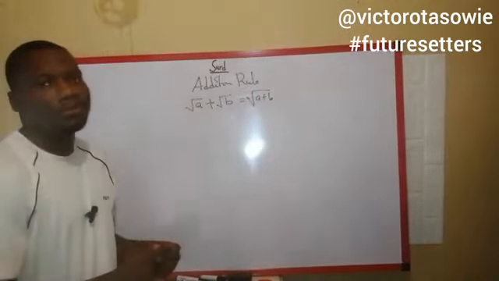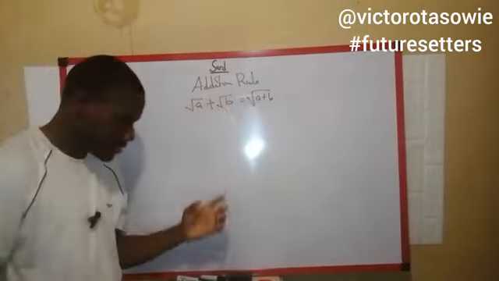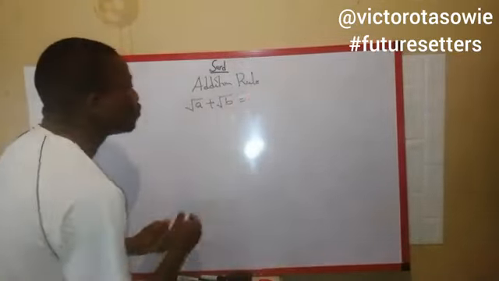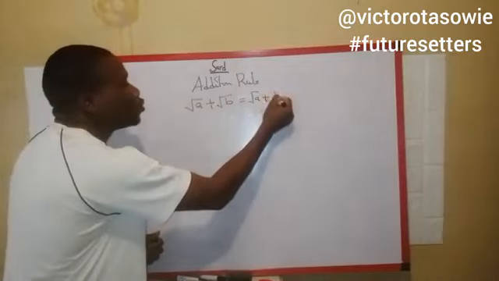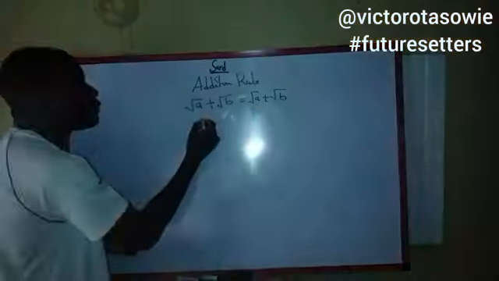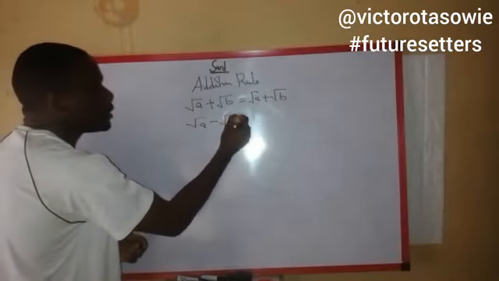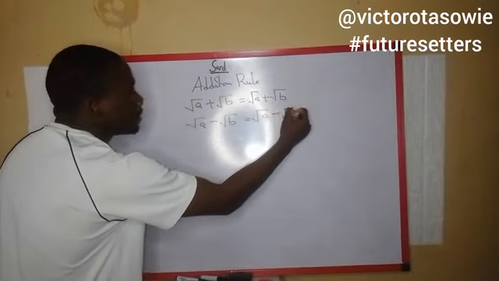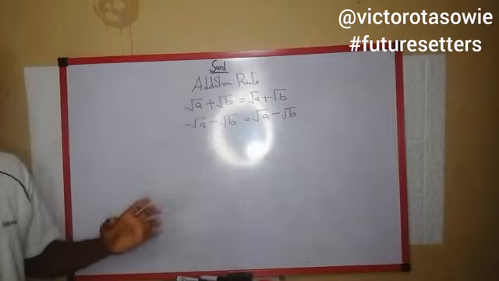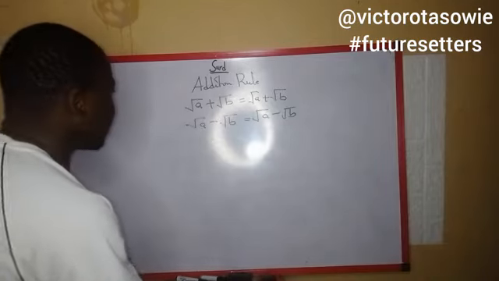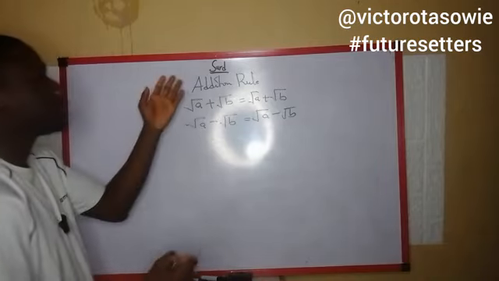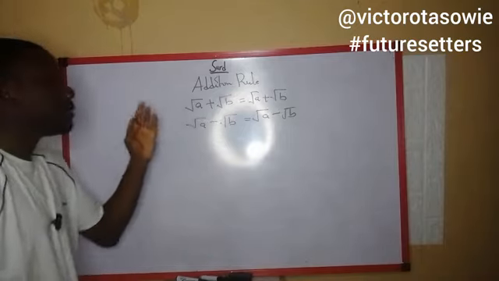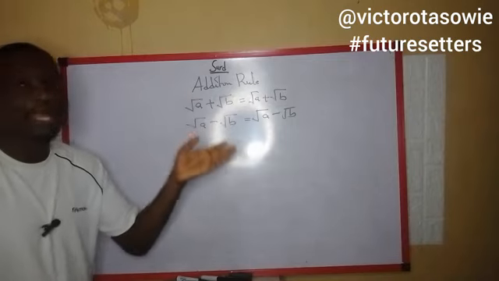No. You don't write root of A plus B. It is still going to give you root A plus root B. And if you have root A minus root B, it is still going to give you root A minus root B. So we are going to start officially now. We have the addition rule: root A plus root B is equal to root A plus root B. Root A minus root B is equal to root A minus root B.